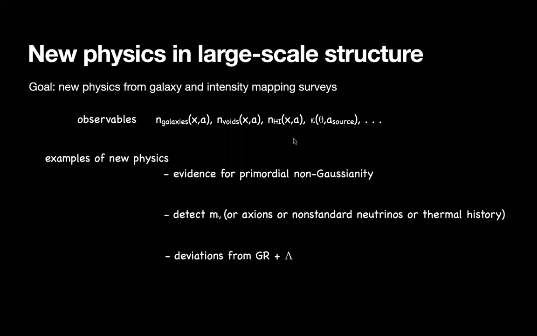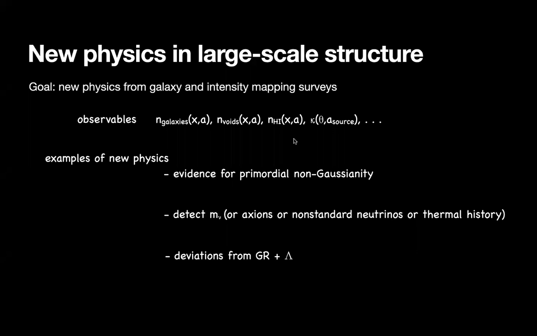We hope to measure at good significance the absolute mass of the neutrinos, or detect ultralight axions, or some other novel physics that's present as warm dark matter, or some conflict between cosmological data sets and laboratory experiments that would tell us there are non-standard neutrinos and so on. Or we hope to detect some deviation from general relativity and a cosmological constant.